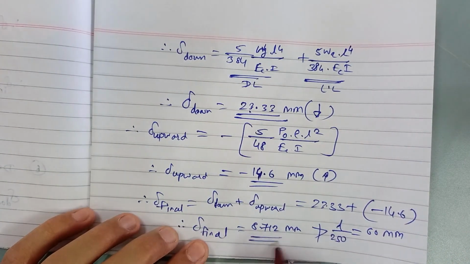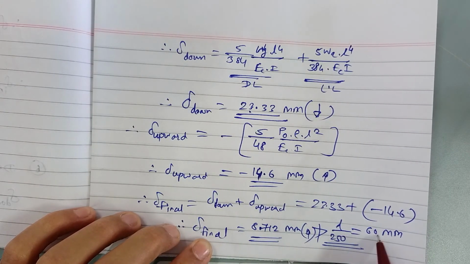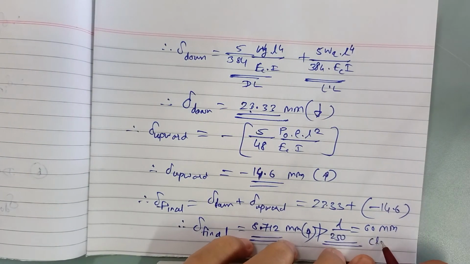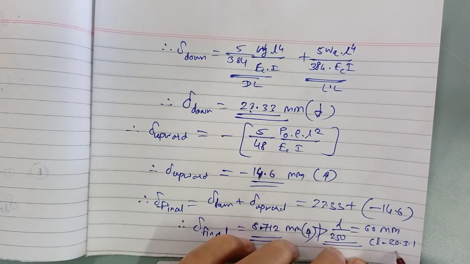Now the final deflection is 8.712 mm, and this deflection is not greater than 60 mm as per clause number 20.3.1 E, IS 1343 2012.